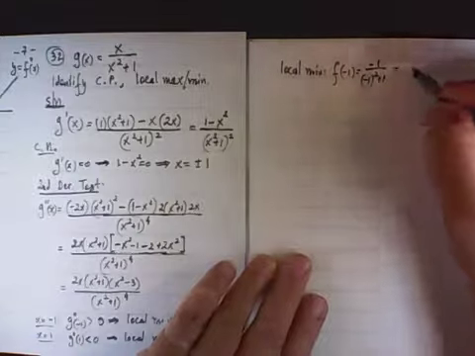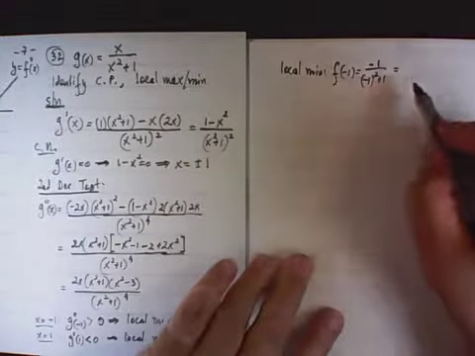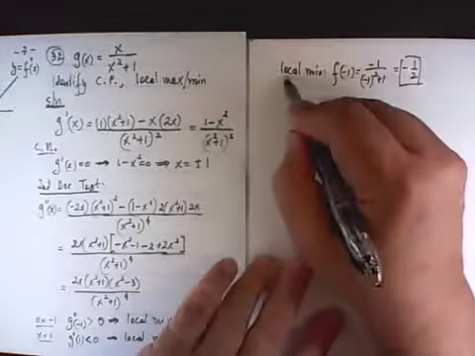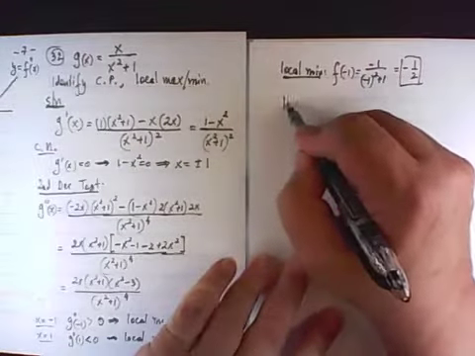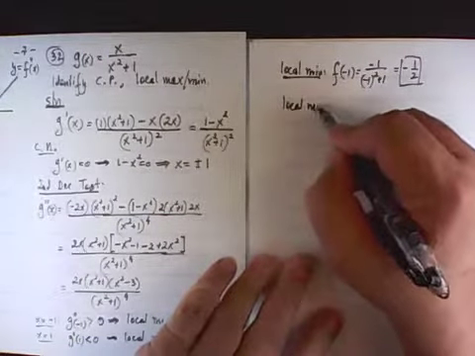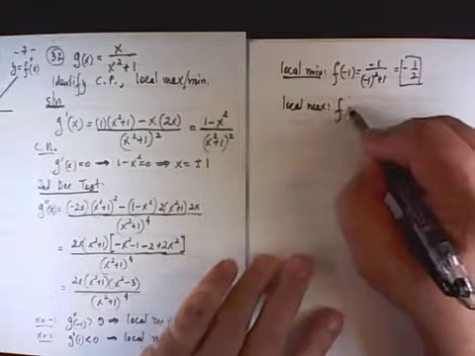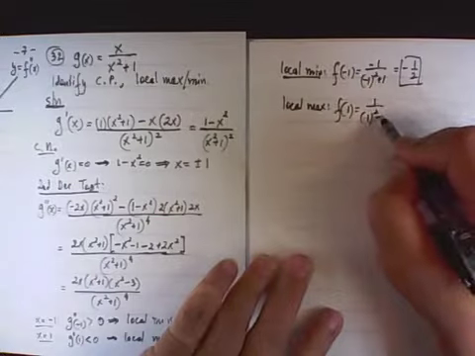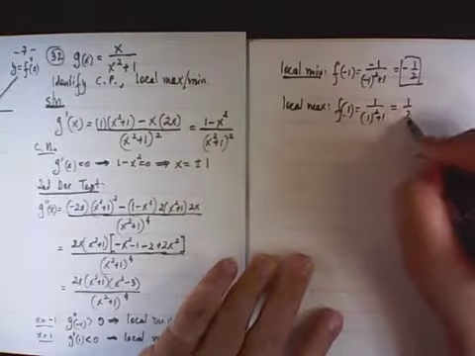Plug it in the original function and you get -1/2. And the local maximum is f of 1 equals 1 divided by 1 squared plus 1. It would be +1/2.